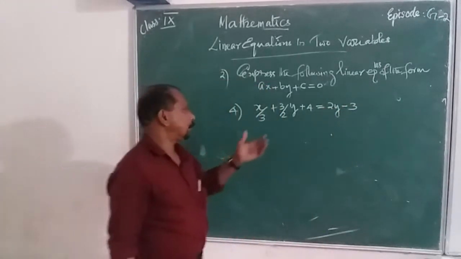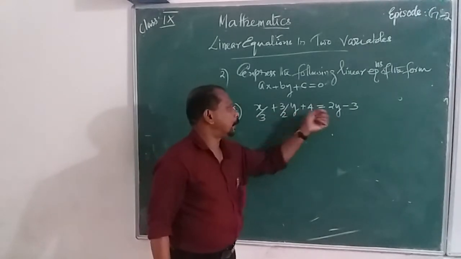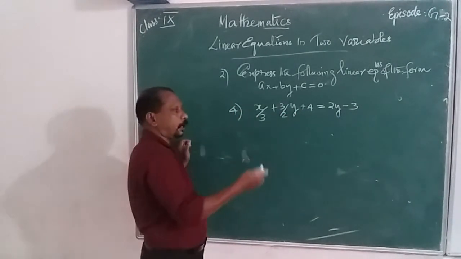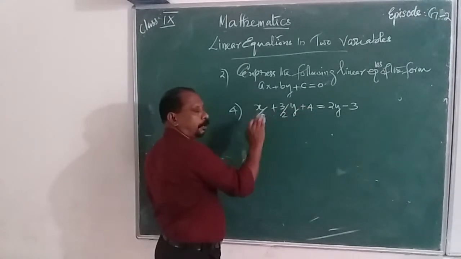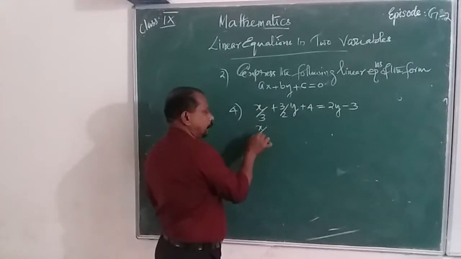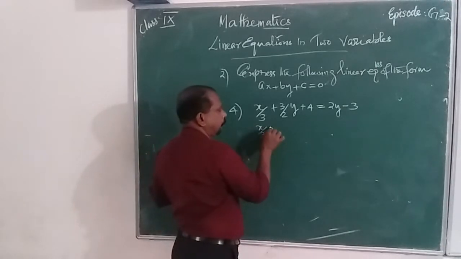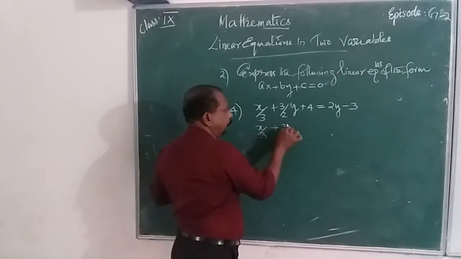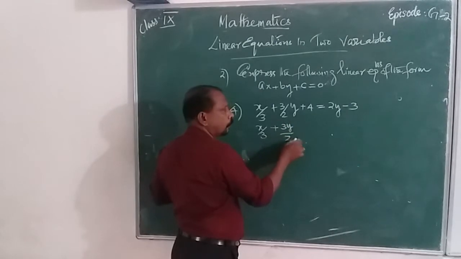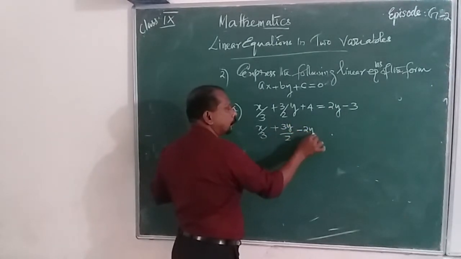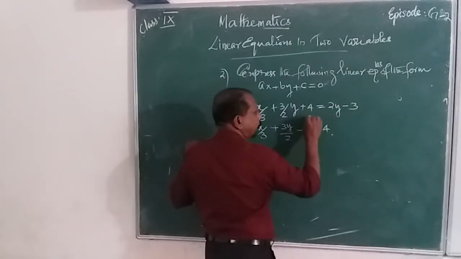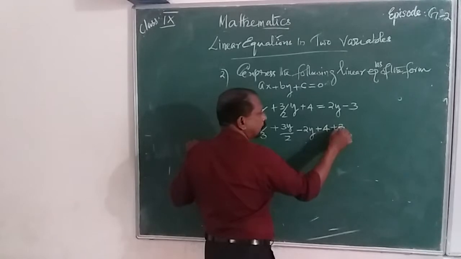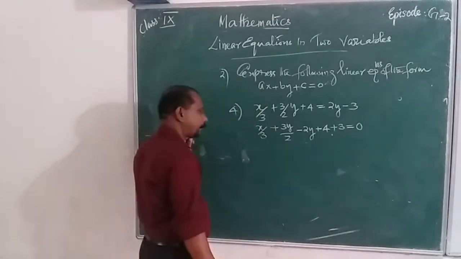In this case, there are y terms on both sides. Therefore, shifting all the right terms to the left, that is x by 3 plus 3y by 2, shifting 2y to the left, that is minus 2y, plus 4, and minus 3 to the left, that is plus 3, is equal to 0.